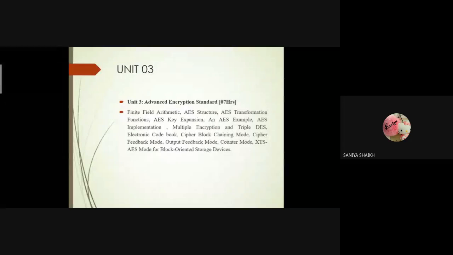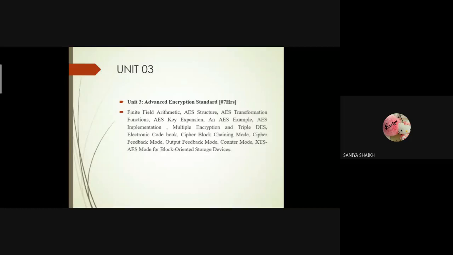The third unit is advanced encryption standards. Once we develop the network security, we have to encrypt and also decrypt it. For encryption and decryption, there are various standards. What are the different standards? If we have heard about IEEE, there are a number of standards in IEEE. Have you heard about IEEE standards?